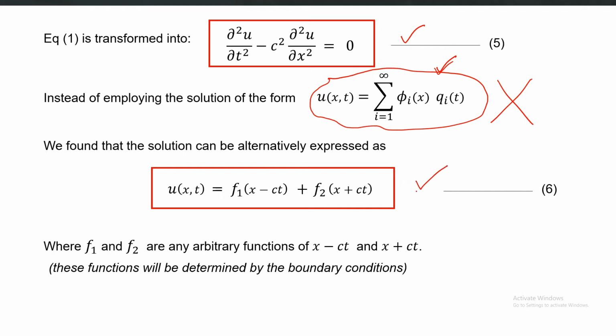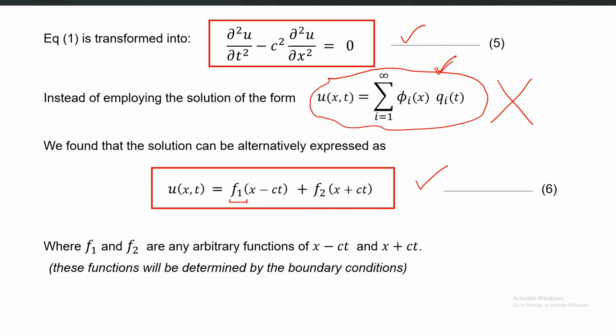Instead of using that equation, we will use this general form of the solution for equation 5, and that general form is u of x comma t is equal to some function which is a function of both x and t, space and time, but not simple x and t. In fact, it should be a function of x minus ct, where c is the same constant we just assumed, plus another function which is a function of x plus ct.